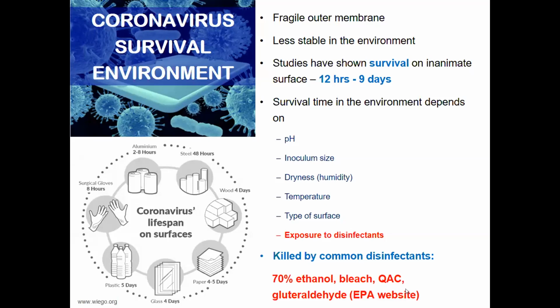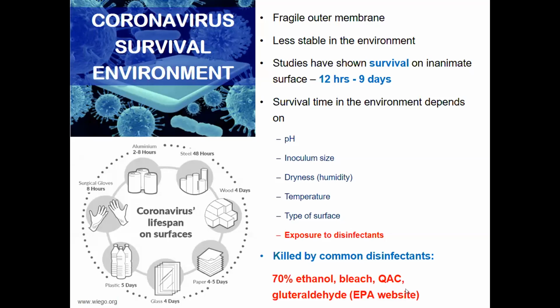This survival time depends on the environmental conditions, including the pH of the substance it's settling on, the inoculum size, the dryness in the environment, that is the level of humidity, the temperature, and the type of surface that it lands on.